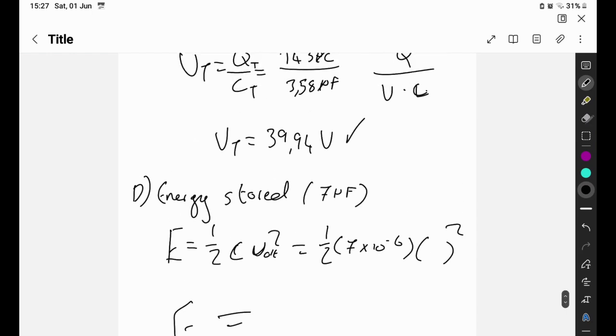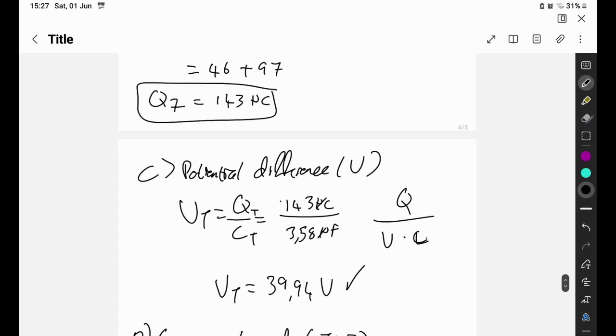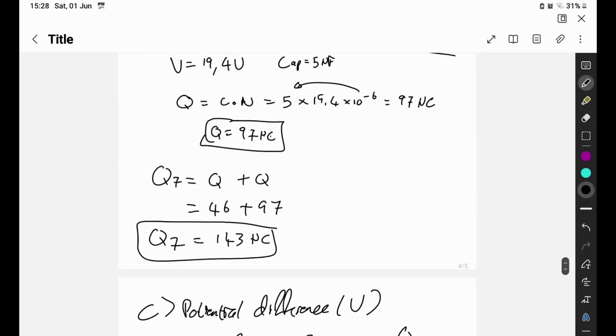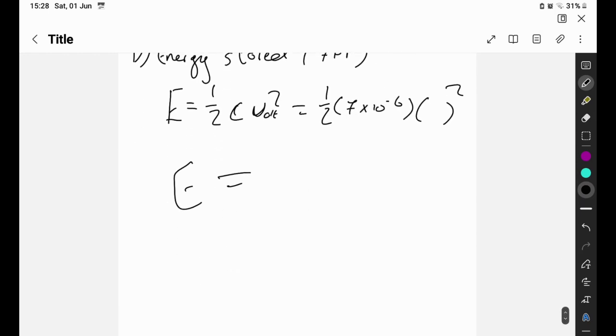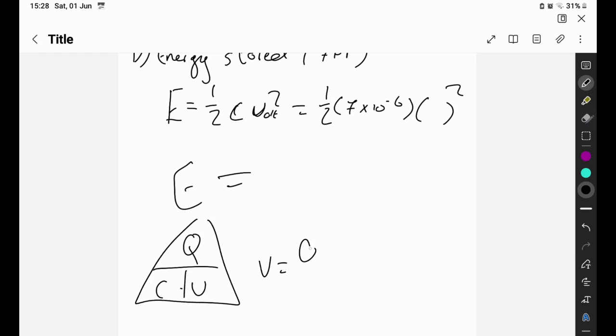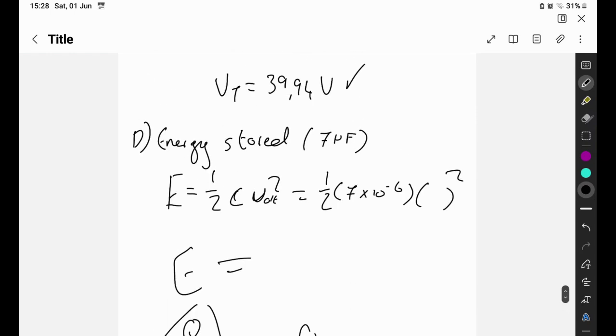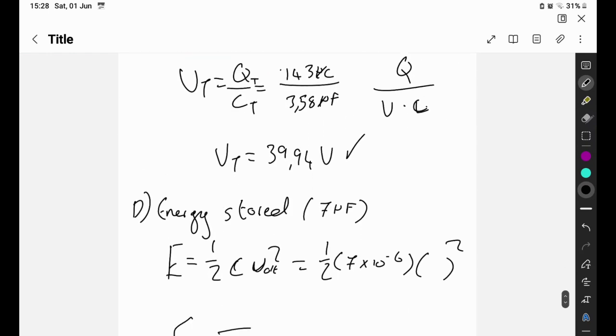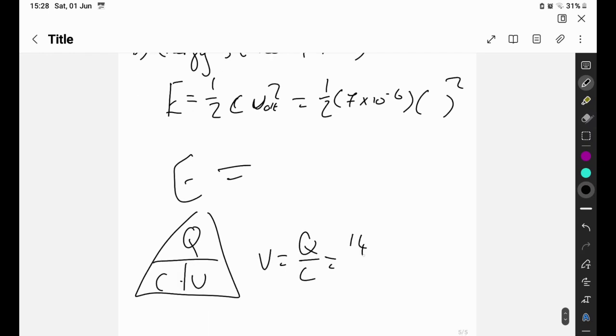Wait, we need to calculate the voltage. Did we calculate the voltage? Okay, wait. Q equals CV, so V is equal to Q over C, which is equal to 143 over 7, which equals 20.42.